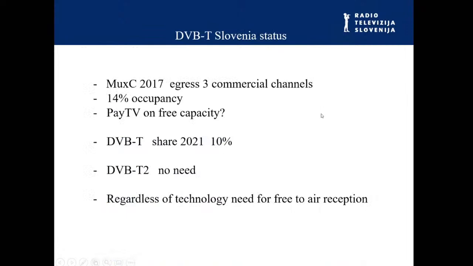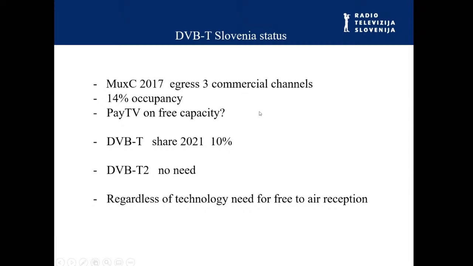An important moment which I have to mention happened in 2017, when 3 commercial channels which are highly watched in Slovenia decided to end DVB-T transmission, and after that you can imagine that the share of DVB-T reception dropped below 10%.